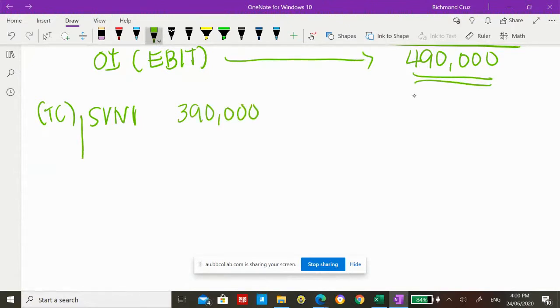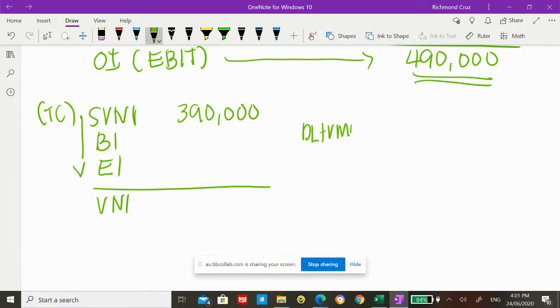Take note, we are going from super variable to the variable costing net income. The only difference between the two net incomes is just the direct labor cost and the variable manufacturing overhead for both the beginning inventory and the ending inventory.